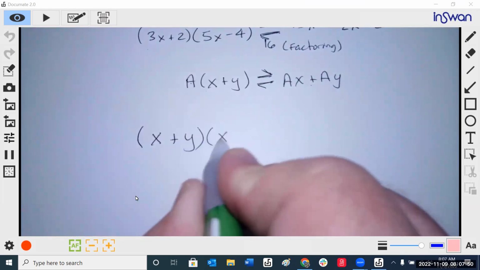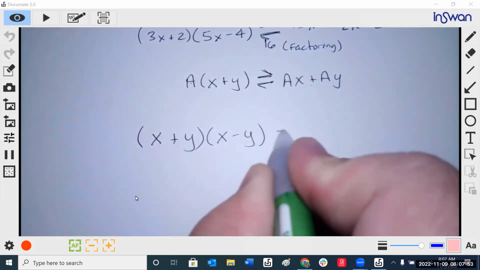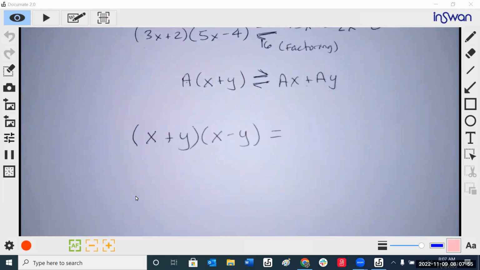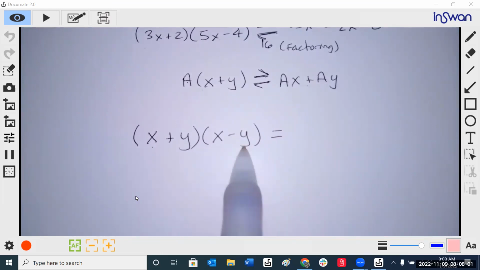Last class, I gave you an example like this. You have the same items inside the parentheses. The only thing different is one's a plus, one's a minus. Now, this has a unique name to it. Well, I'll show you what it is when we finish.